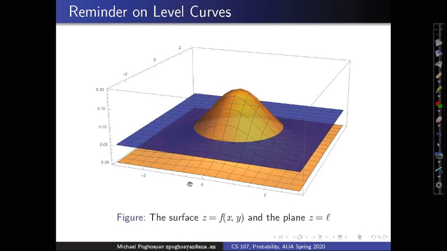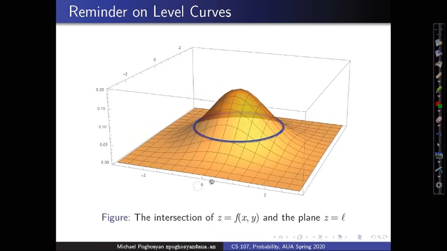So this is that plane. And I'm finding the intersection set, the set of all points on the intersection of this plane in blue and this surface in orange. So this will be the set of all intersection points.